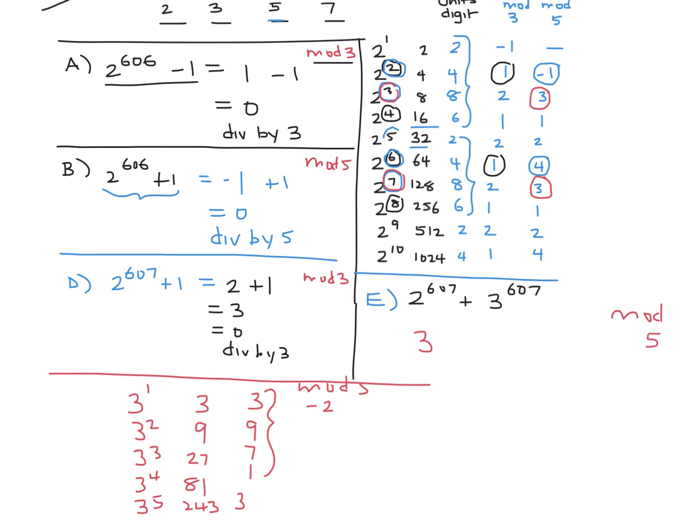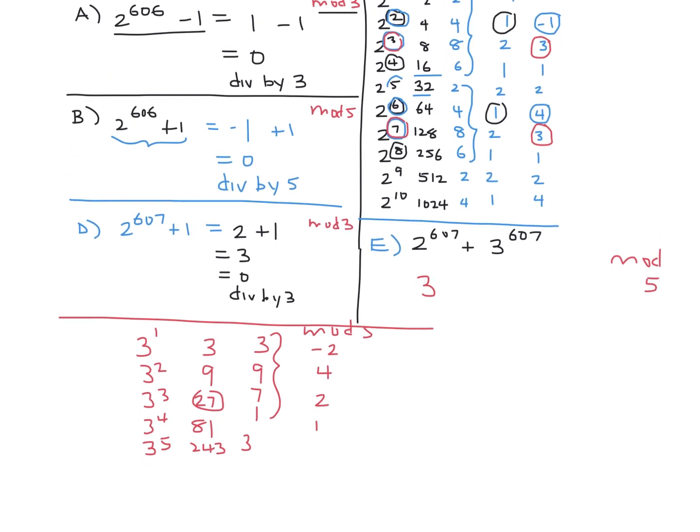Mod 5 of those numbers looks like a negative 2, and then 4, and then 2 for the 27, and then 1. And then I guess it just drops down to 3, which is the same as negative 2. So for 607, that's not a multiple of 4. It's 1 less, so it's going to be like this guy. So that's going to be a 2. So you have 3 plus 2, which is 5, which mod 5 is 0. So there you go. That's also divisible by 5.